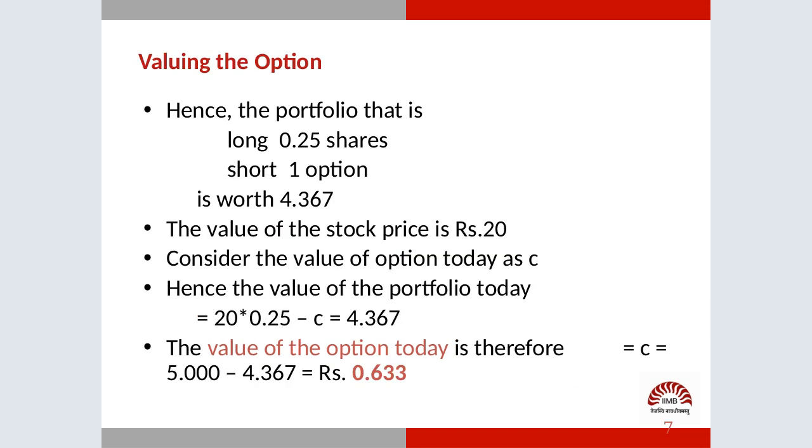0.633. In other words, somebody would be ready to pay 0.633 to buy the right to buy the asset at a future point at a price of 21, with the current price being 20 and the volatility being 10% and all that. If the price goes up, the holder is going to make $1.